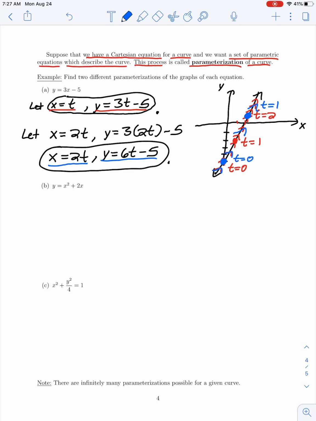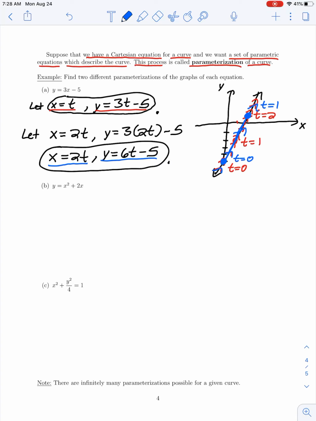So for the second parameterization, we move from this point to the point 2, 1, but by only increasing t from 0 to 1 instead of from 0 to 2, as in the first parameterization. So these two parameterizations are describing the same line, but traversed more quickly if we increase the coefficient in front of t when we choose x. So here is a little description of how these two parameterizations are related.